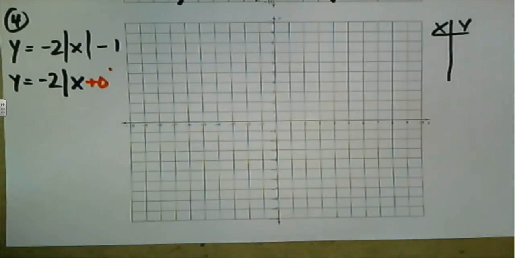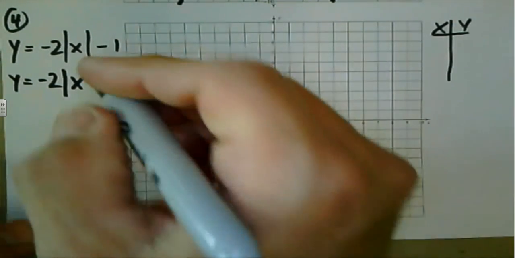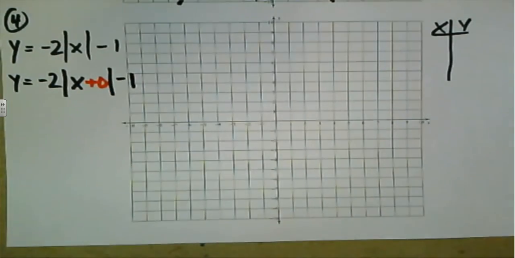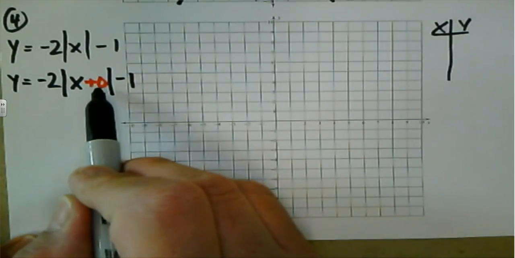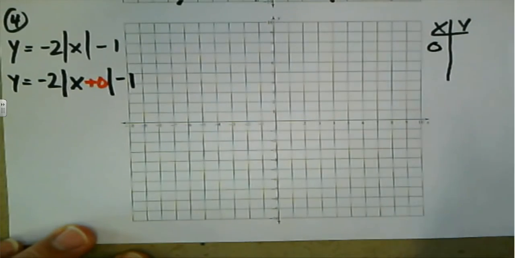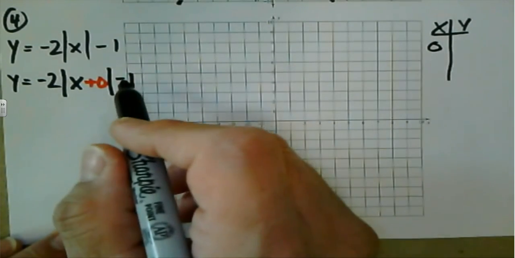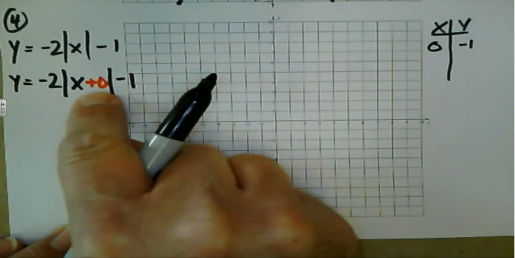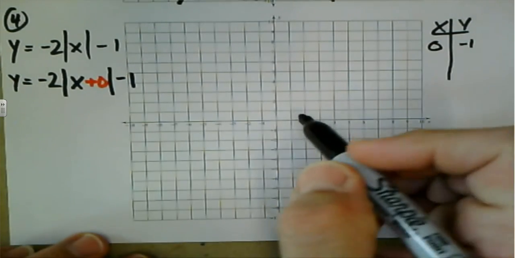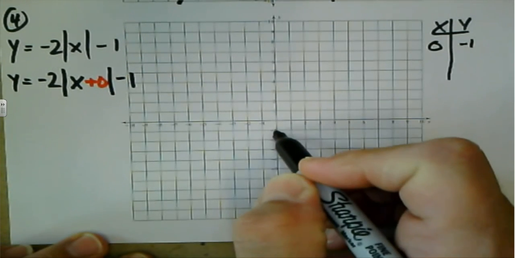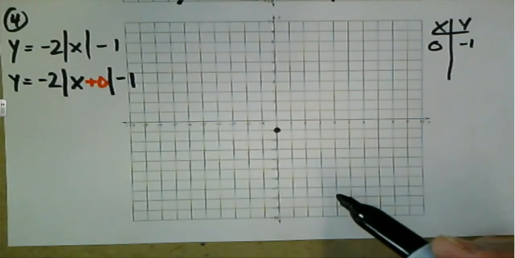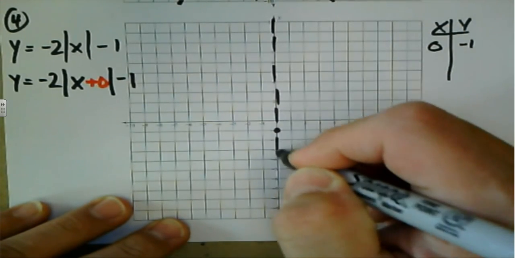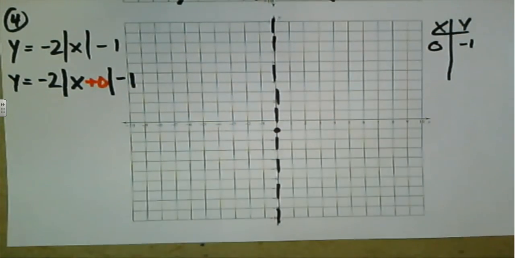It would be a 1 in front of the x or under the x, but not plus or minus. So opposite of, but it's a 0, so it's just a 0. There's no opposite, there's no -0. And -1, we keep it. Change it, keep it, but you don't change a 0. So 0 on the x and -1 on the y is there. This is our y-axis, happens to be our axis of symmetry.